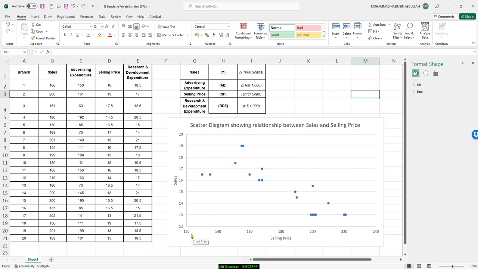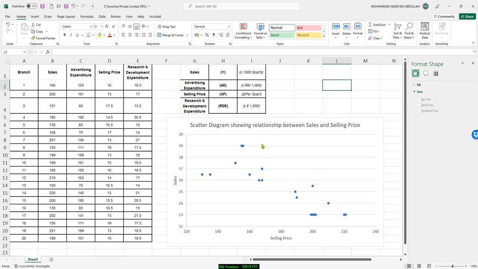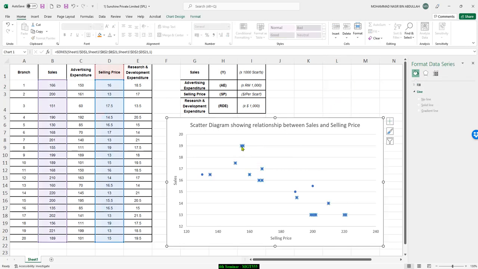Maksudnya when selling price is increased, number of sales is decreased. When the selling price is at lower point, the sales are increased. Right? The best sales is at 106 lah dekat sini ya. Kita kena tengok berapa dia punya nilai. Right? So dekat sini kita boleh highlight semua, right?